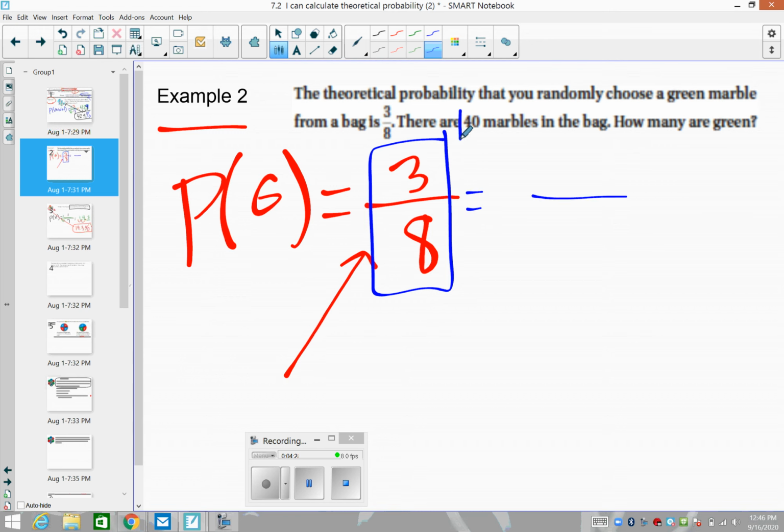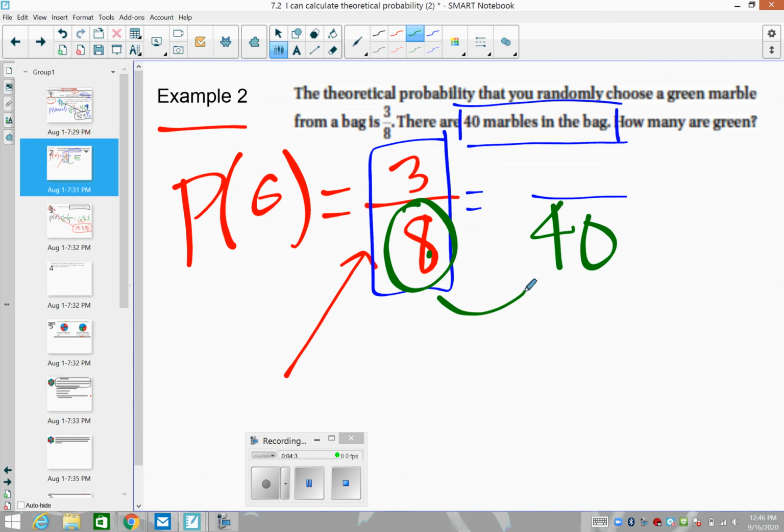There are 40 marbles in the bag. So instead of 8 marbles in the bag, if we change it to 40 in the bag, what do we predict? Now you clearly could use cross products on this. But I also see that we have a pattern of times 5, times 5. Since the learning target doesn't say we have to use cross products, I'm going to use an easier step.